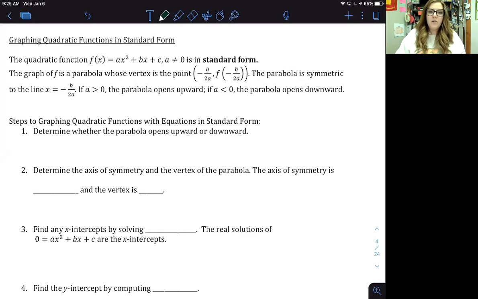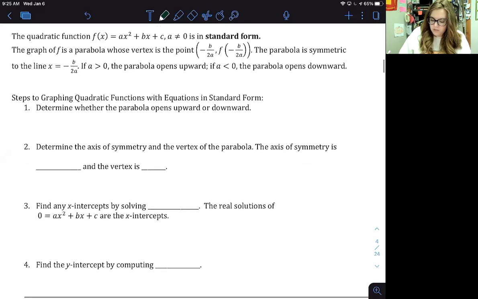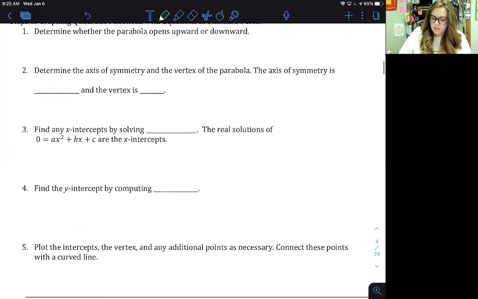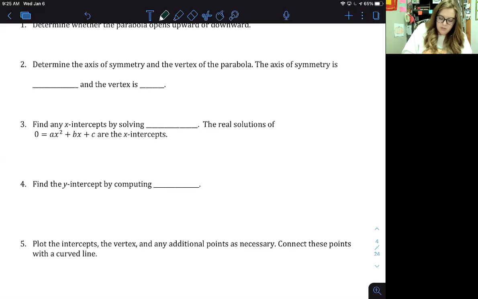Okay, the first one, the parabola opens upward or downward, is going to be based on the a value, so that's not changing. The second one, determine the axis of symmetry and the vertex of the parabola. The axis of symmetry is x equals negative b over 2a. And the vertex is going to be negative b over 2a, and then f of negative b over 2a.